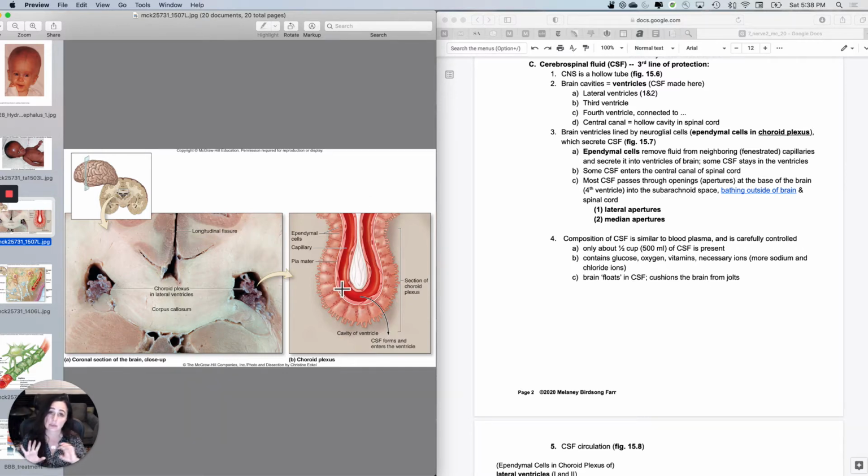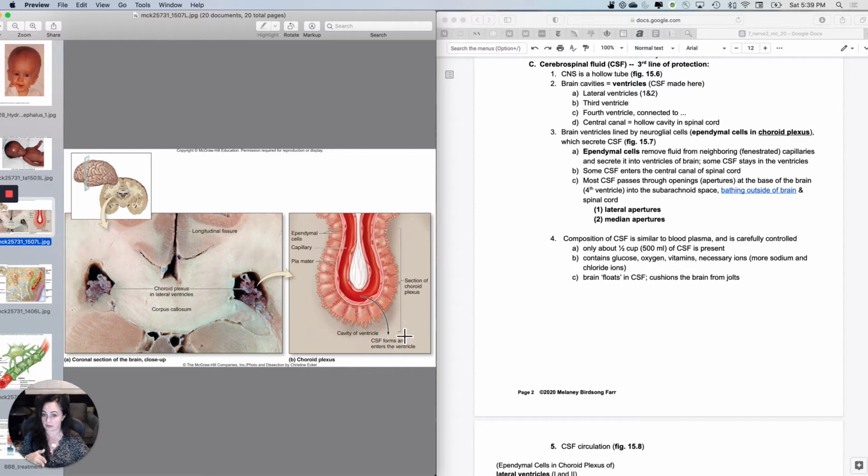And what they will do is pull all of the juiciest stuff out of the blood plasma, and make it into cerebrospinal fluid, which is kind of like blood plasma minus clotting proteins plus a whole bunch of ions that you need for the nervous system. And they're going to dump it into the ventricles of the brain. And then we'll talk about how it actually circulates in just a second.